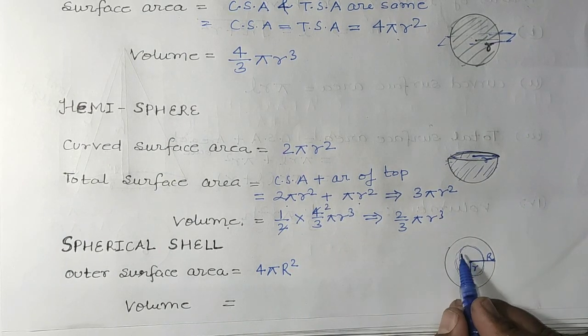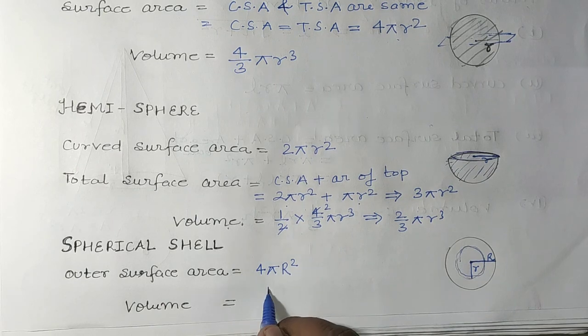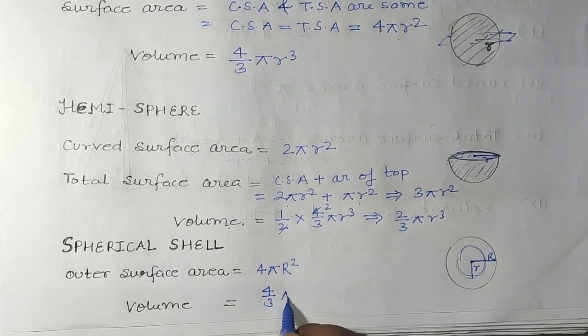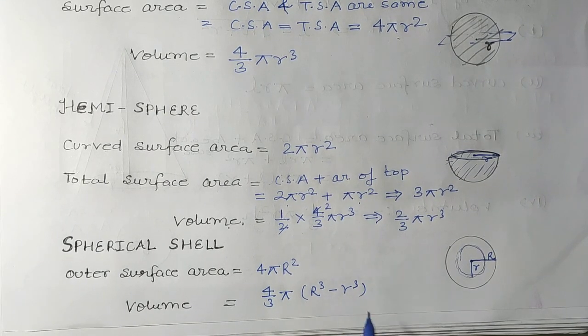If someone asks you what the internal surface area is, you can say that it will be 4 pi small r square. Now what is the volume of this spherical shell? The volume will be 4 by 3 pi times R cube minus r cube. So this is the formula of a spherical shell.